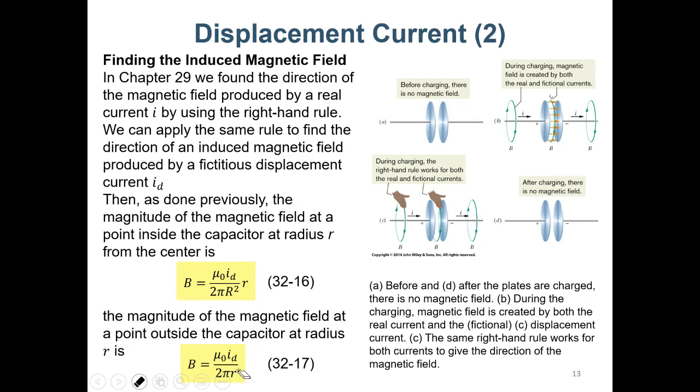So for the maximum point, it should be the intersection point, because it is somehow like this is capital R, and the B is linear increasing, and then starts to decrease. So this point should be the maximum point.